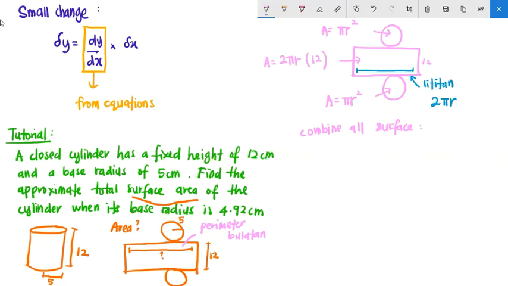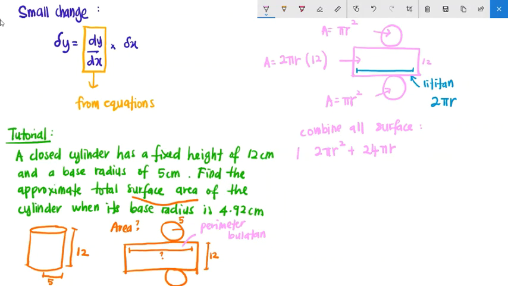Okay, so dia akan jadi ada pi r square. We have two circle here on top and the bottom. So 2 pi r square plus rectangle side tu, dia punya body dia is rectangle shape. So 2 pi r 12 dia akan got 24 pi r.